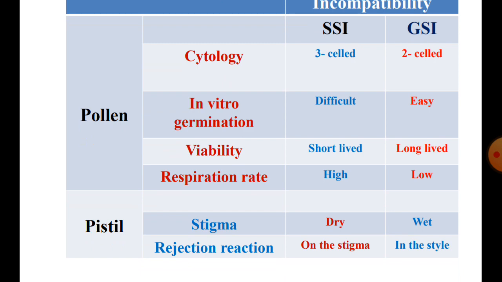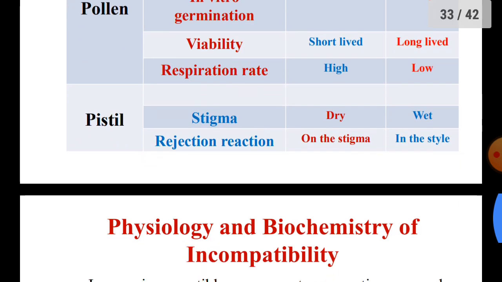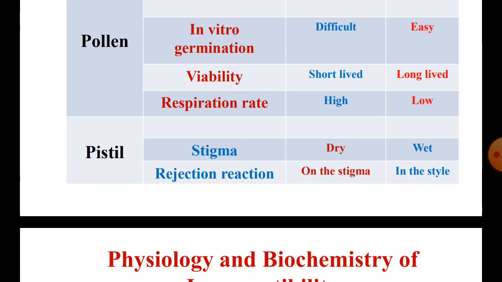The respiration rate is high in pollen grains showing sporophytic self-incompatibility, and it is low in gametophytic self-incompatibility. Pistil stigma is dry in sporophytic self-incompatibility showing plants, while it is wet in gametophytic self-incompatibility.